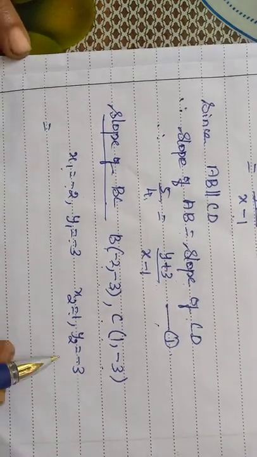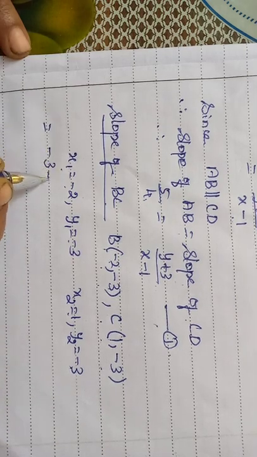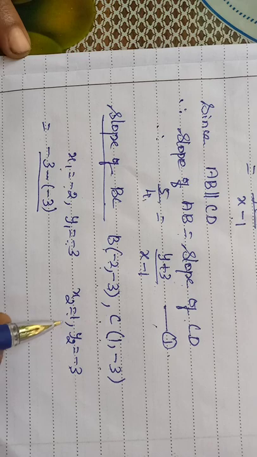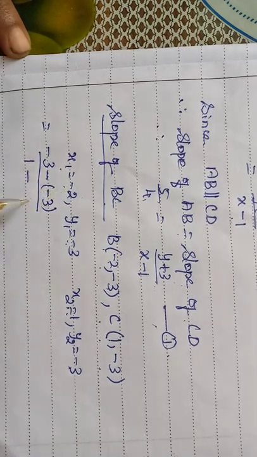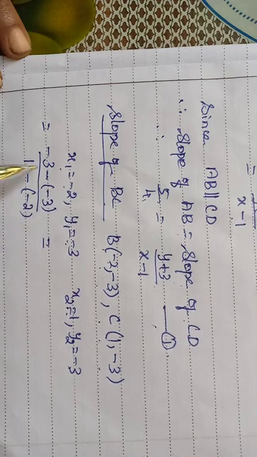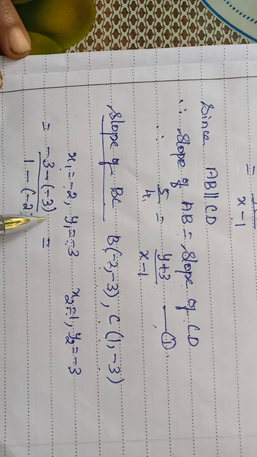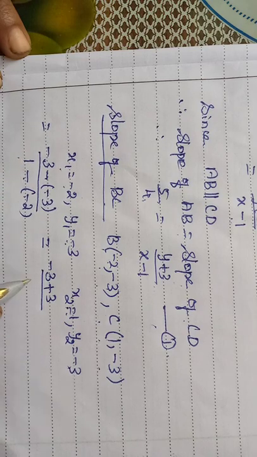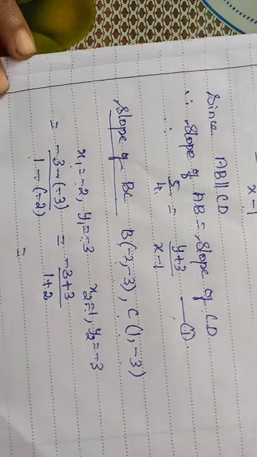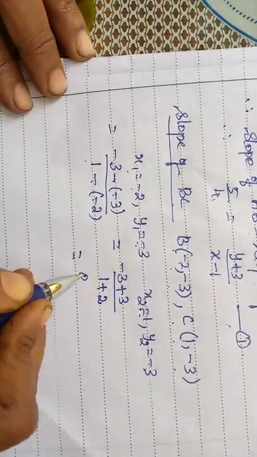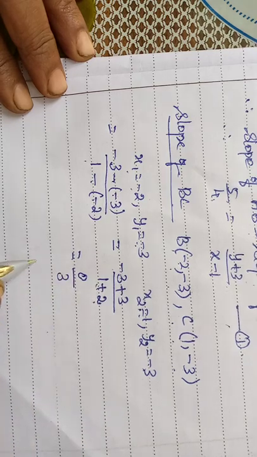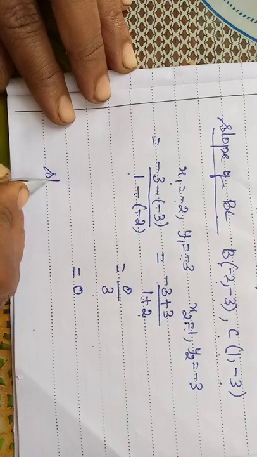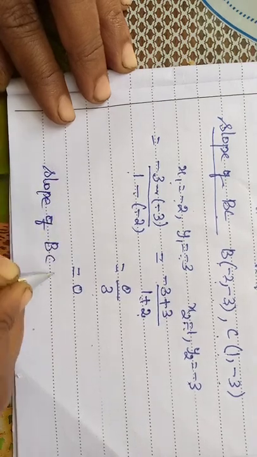That is -3 minus y1 which is -3, divided by x2 which is 1 minus x1 which is -2, which is equal to -3 plus 3 divided by 1 plus 2, which is -3 plus 3 is 0 divided by 1 plus 2, 3, which is equal to 0 by any value is 0. Therefore slope of BC equal to 0.